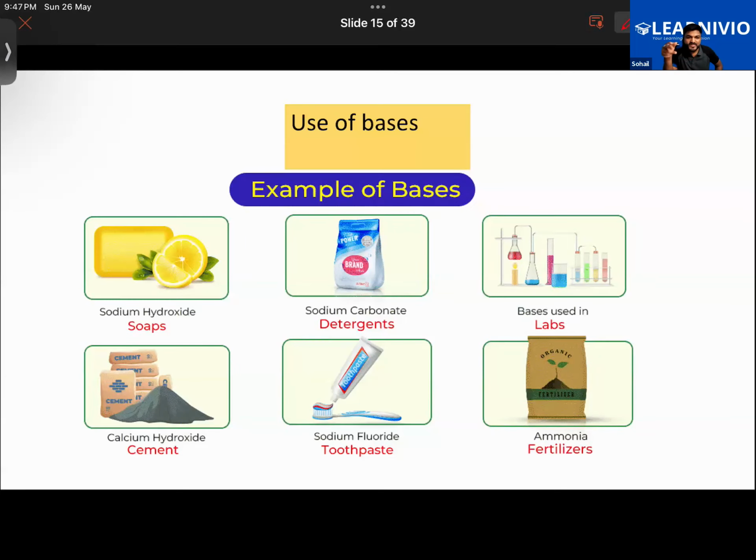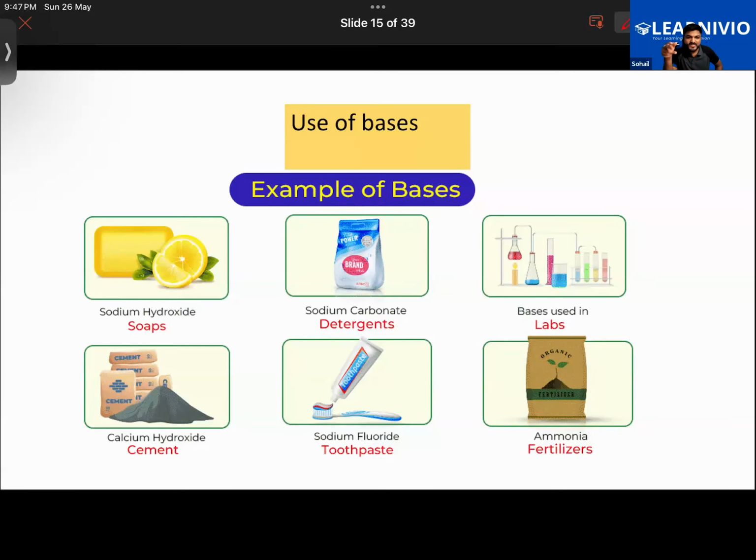Then bases are used in toothpaste also. Then bases are used in baking soda also. Baking soda is sodium bicarbonate, a base. And the most important use of base is antacids.